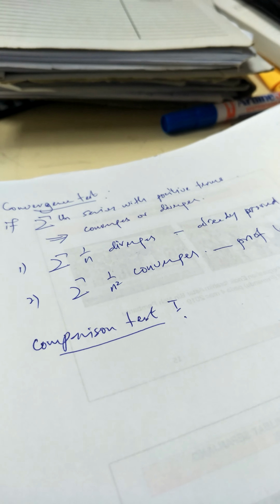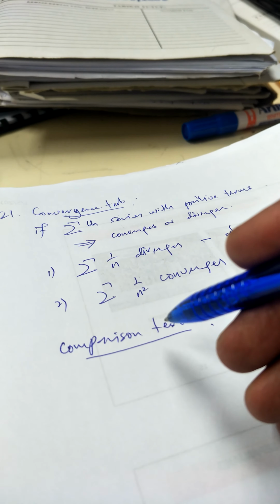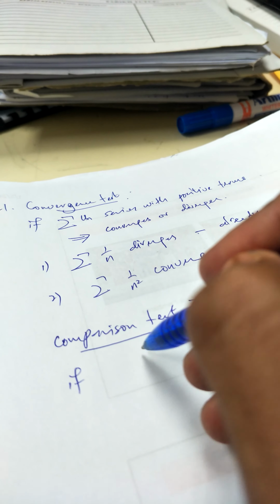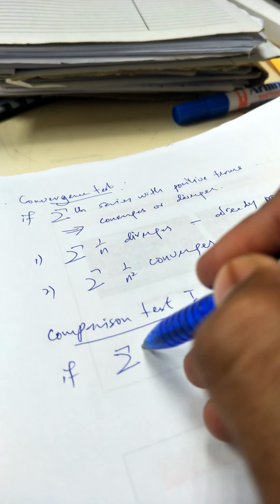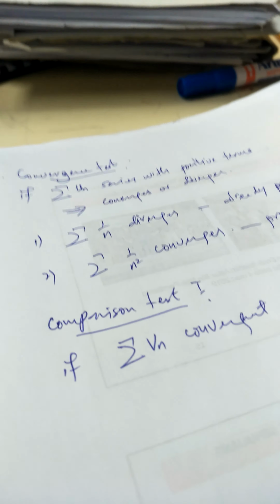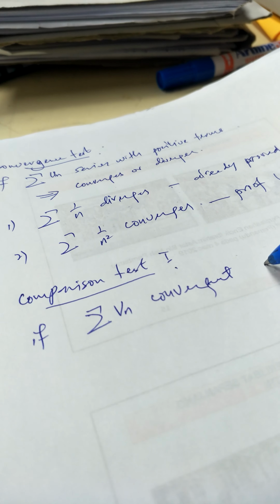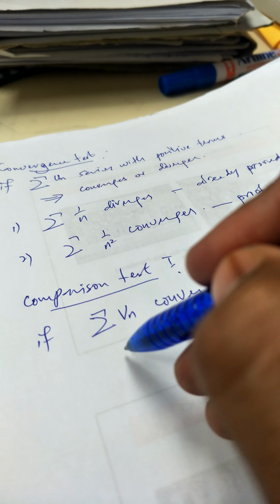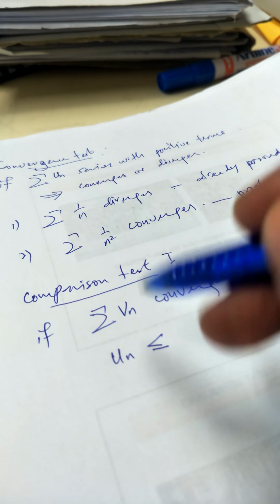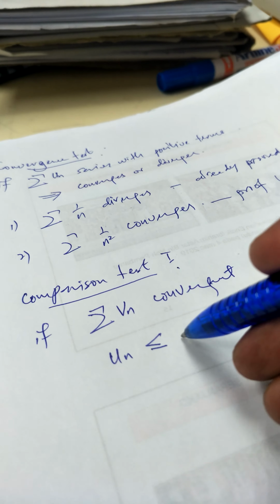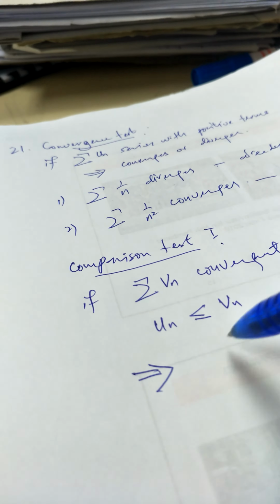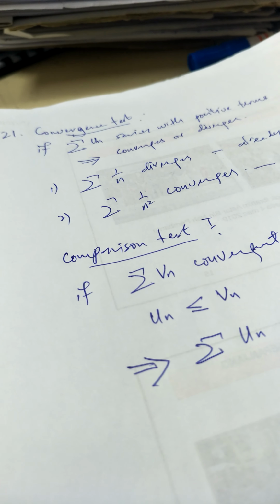Number one, if this series converges, and we have Un, which means each term of that series, with that condition, then Un also converges.